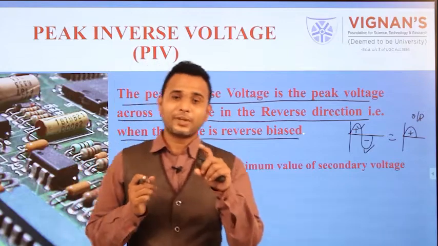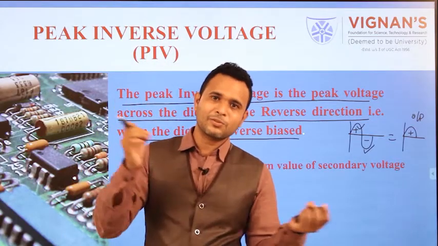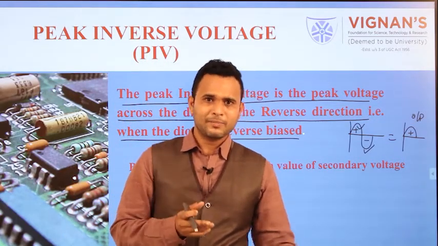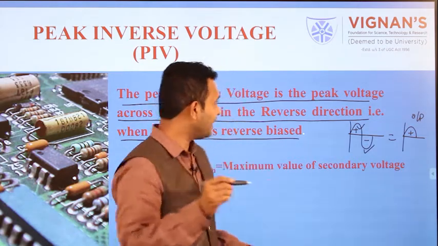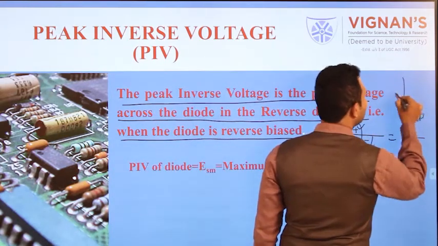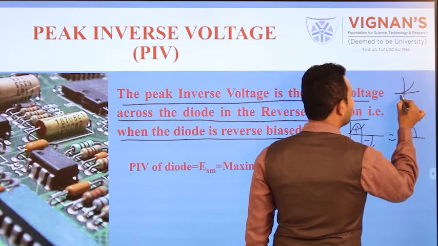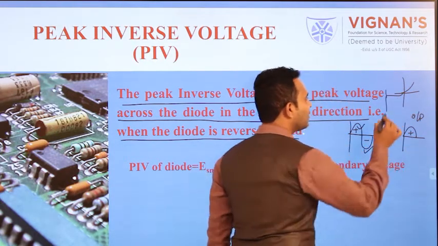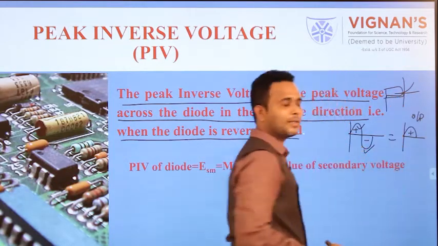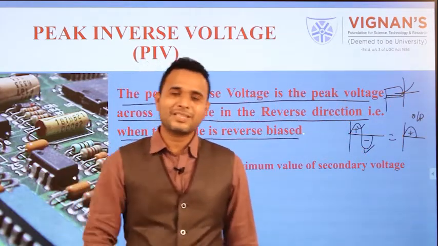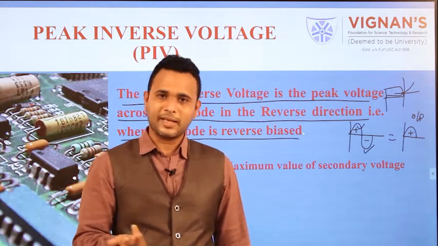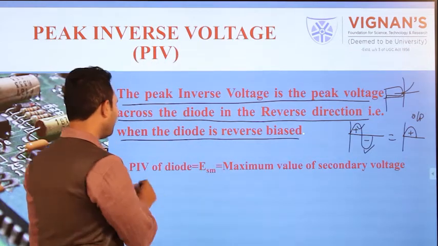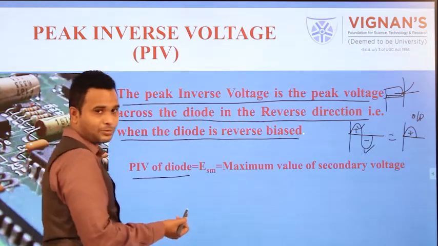Because in the diode characteristics, in forward bias we get conduction, in reverse bias we get very little current, and after some point breakdown occurs. So the maximum withstandable reverse voltage is called the peak inverse voltage.